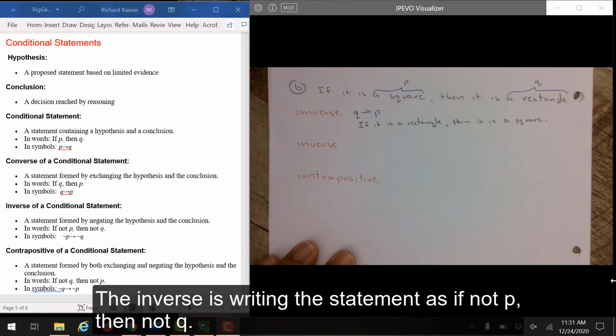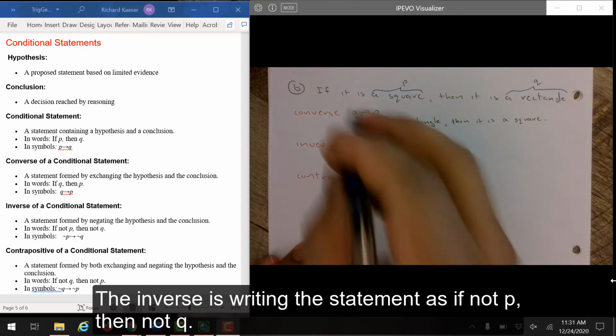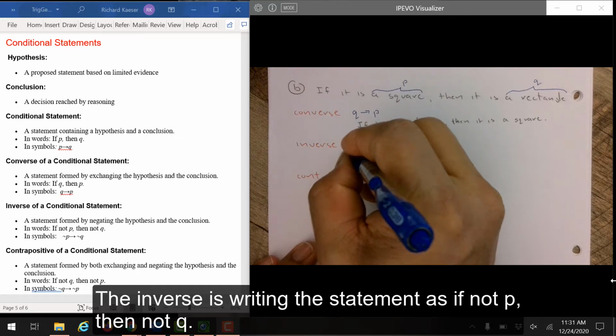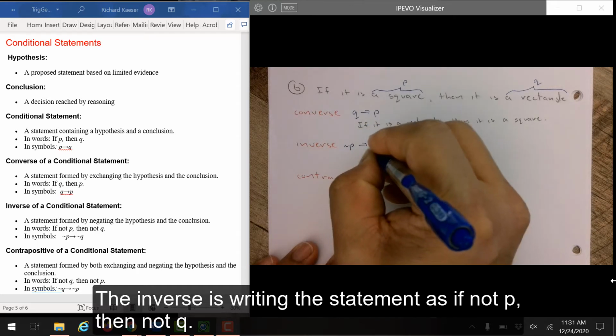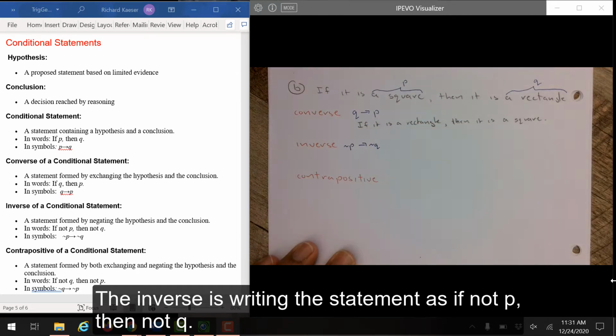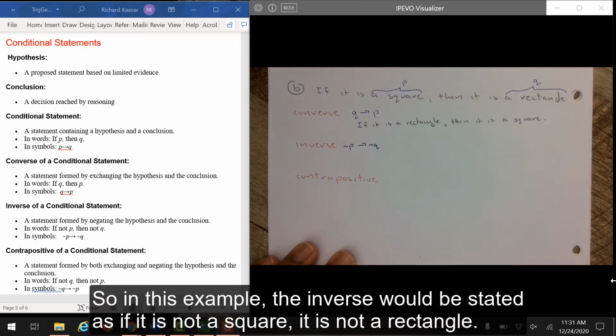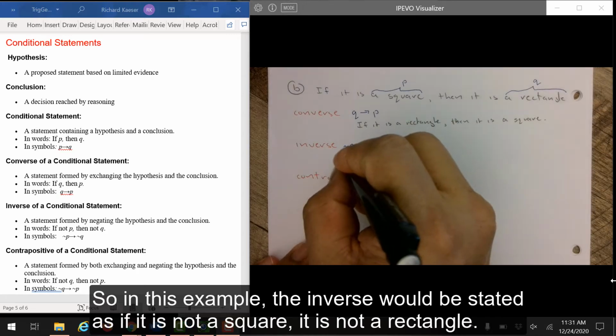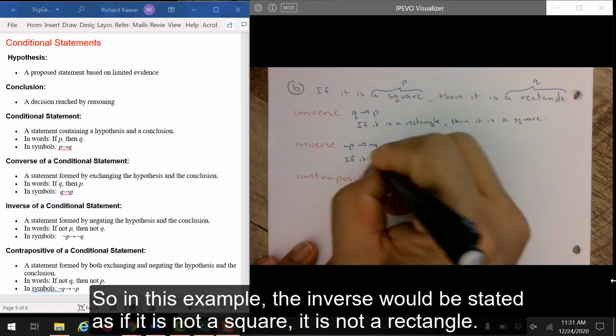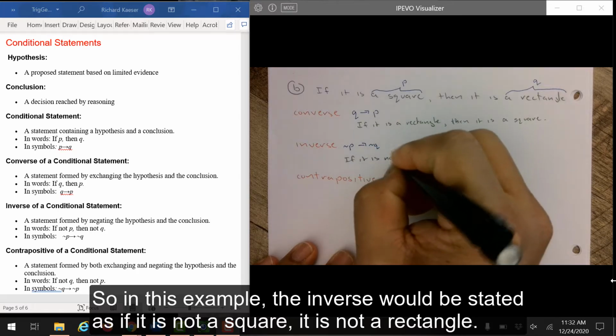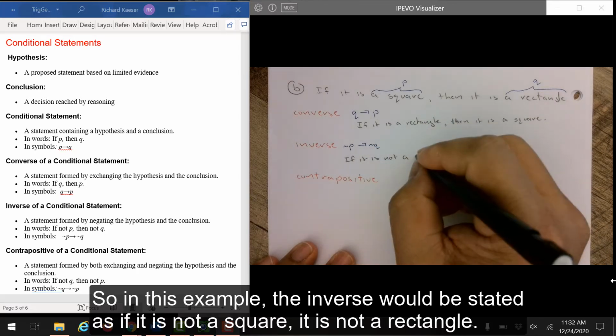The inverse is writing the statement as if not P, then not Q. So in this example, the inverse would be stated as if it is not a square, it is not a rectangle.